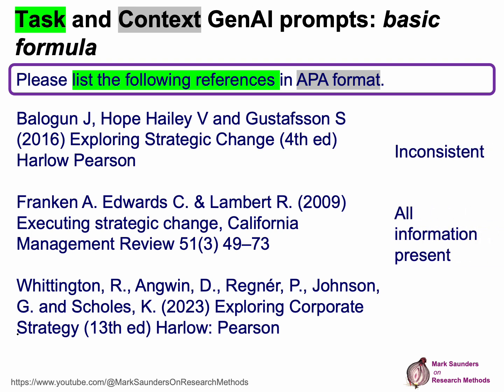If we look at how they're done, we can see that the punctuation is different. We can see sometimes, for example, they put a full stop after initials, other times they don't, and so on. But what we also see is all the information required is present. So we have the book titles, we have the journal titles, we have the article titles, we have which edition the book is, and so on. Let's see how GenAI does on this.